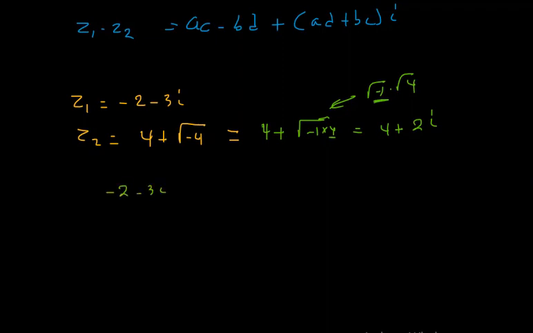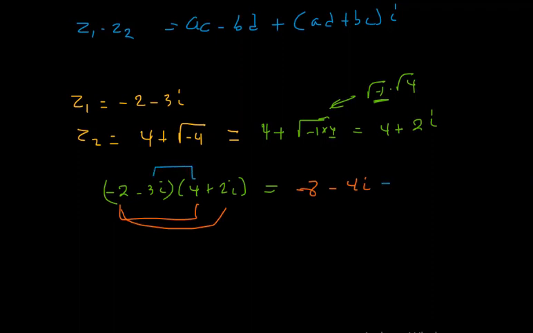-2 minus 3i times 4 plus 2i. So you can distribute here. -2 times 4 is -8. -2 times positive 2i is -4i. Do the same thing for -3i times 4, which is -12i. -3i times 2i is -6i squared.